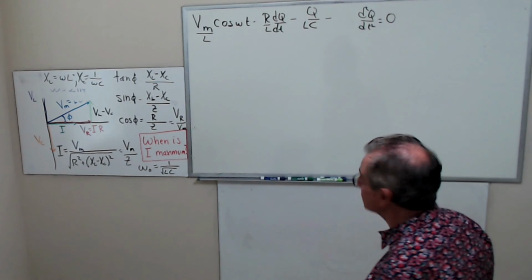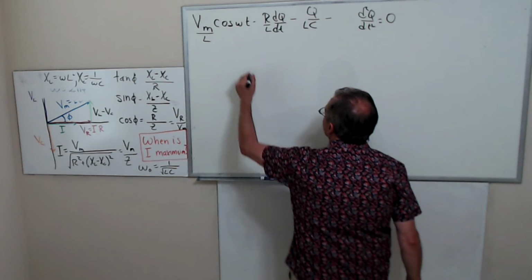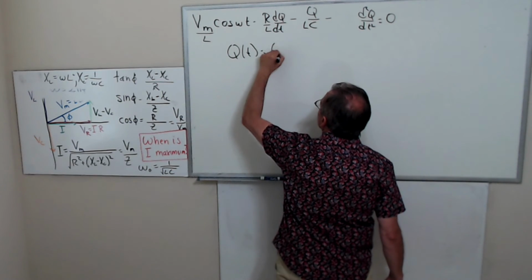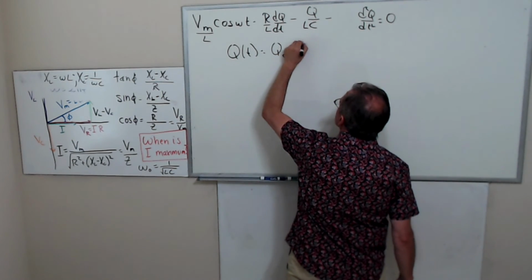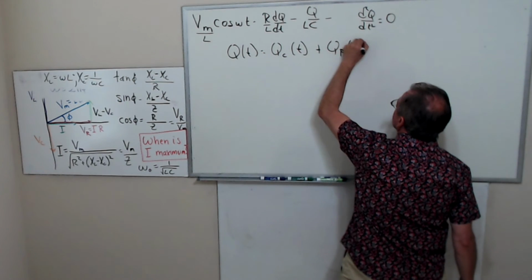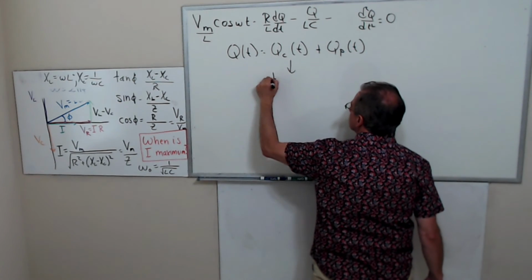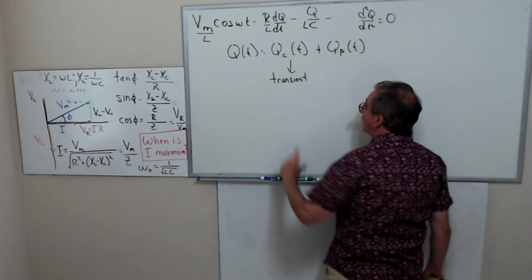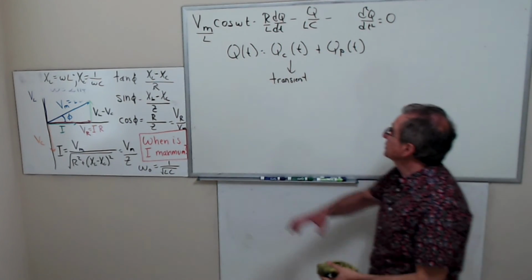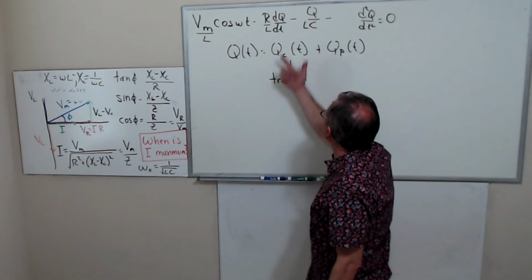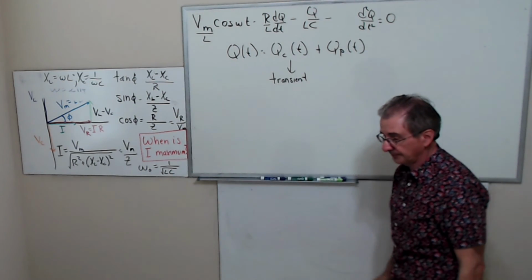When you solve this, there's actually two solutions to this thing. The total solution for Q as a function of time has two parts. One's called a complementary solution, and the other one's called a particular solution. It turns out that this is a transient solution. This is what I got last week. This is the case for when this is 0. Whether this is 0 or not, this will still solve that equation.